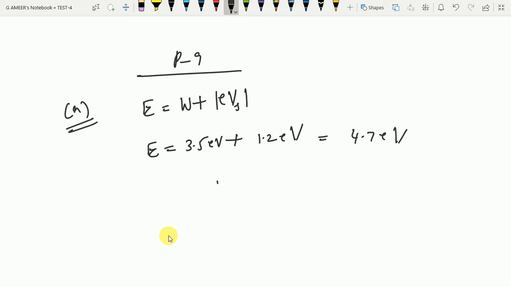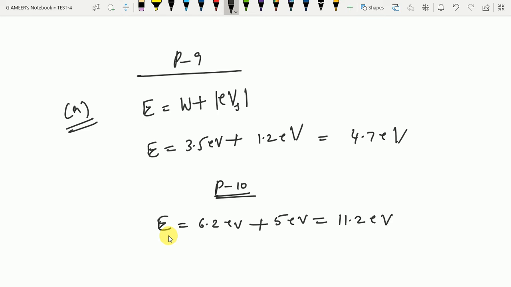Then problem number P10 is as follows. The threshold frequency of a metallic surface corresponds to an energy of 6.2 electron volts. Threshold frequency means the work function, given as 6.2 electron volts, plus the stopping potential corresponding to the maximum kinetic energy, that is 5 V. Then the total comes to 11.2 electron volts.